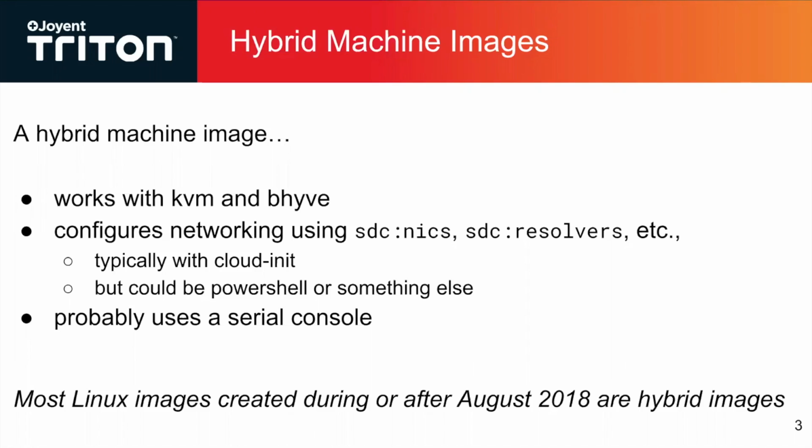As we're introducing things like FreeBSD, we probably won't use cloud-init because I don't think it's ported there. So we'll wind up just with some boot script that talks to the metadata service directly, and then does the necessary configuration. A hybrid image also probably uses a serial console, and the console isn't really required unless something breaks and you need a console to fix it.